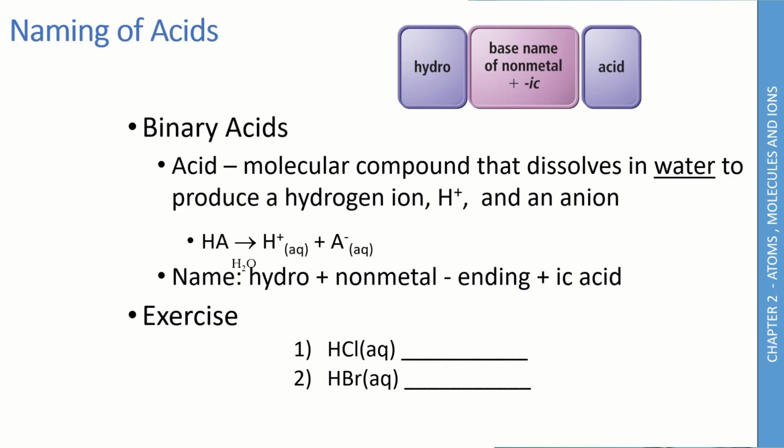An acid is a molecular compound that dissolves in water to produce hydrogen ions. So if you have hydrochloric acid, see that I see aqueous over here? When you see this aqueous, we have an acid, with the hydrogen at the beginning and the non-metal. So at the end, you're going to use ic. For example, hydrochloric acid.